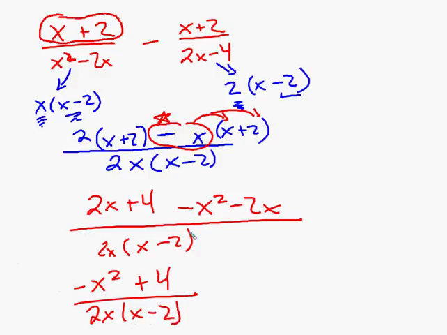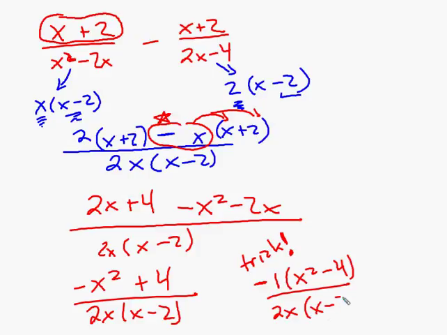Now, here's a trick. I need to factor out a negative. Do you see what I did there? Generally, when we factor, we want the highest power of x to be positive. So I factored out a negative.